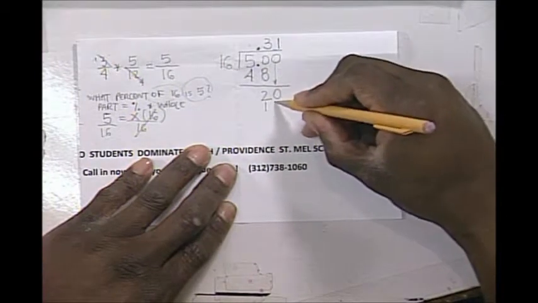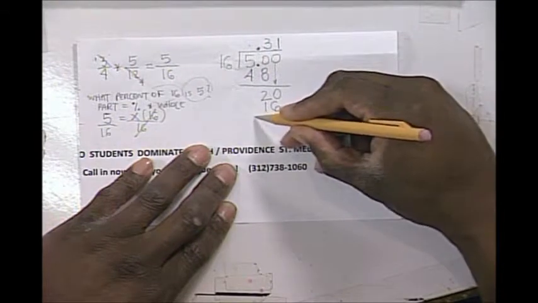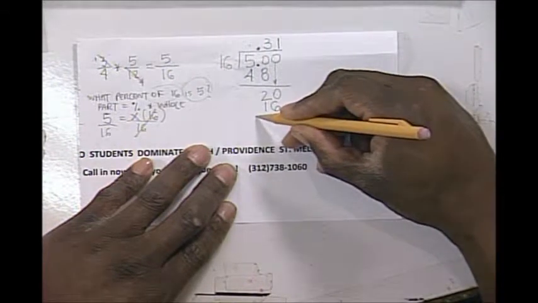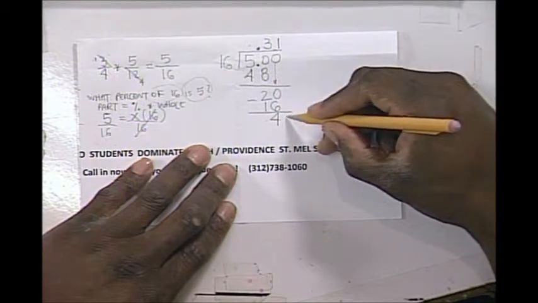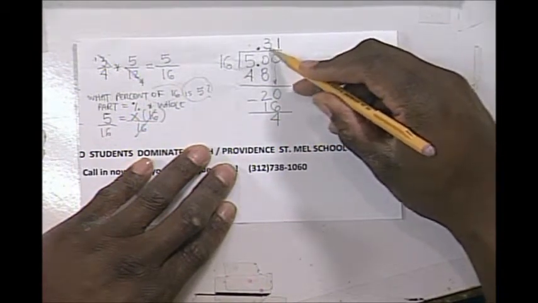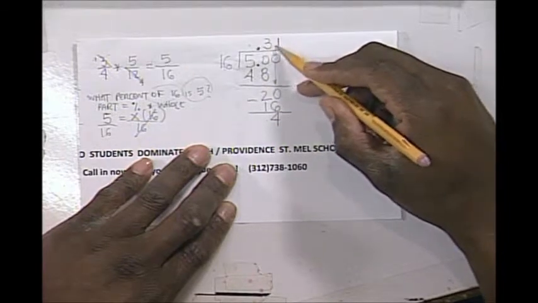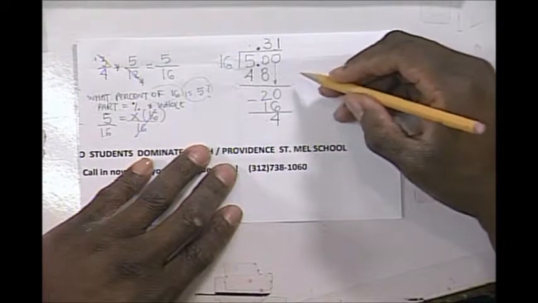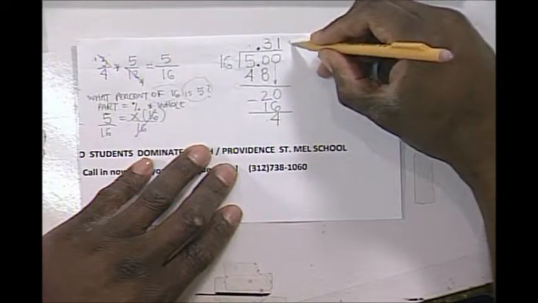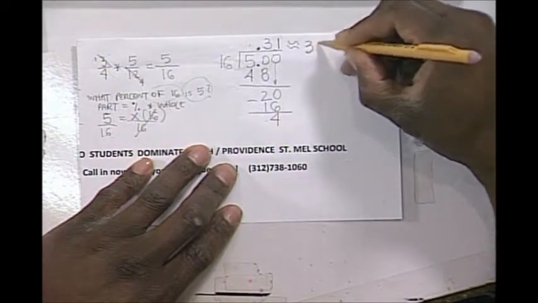Good job. It's 16. And you do what now? You subtract. And then you get 4. Let's just stop right there. You get 0.31. Do you know how to write 0.31 as a percent? You put 31%. You're smart, I can tell.